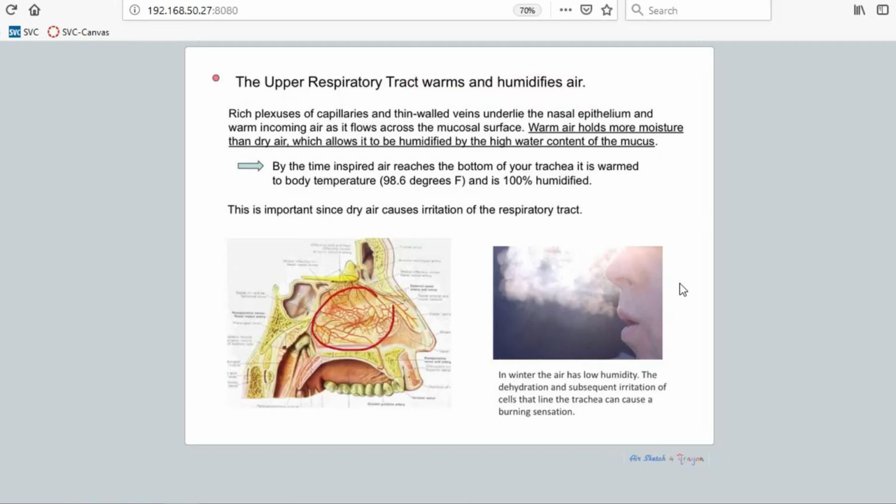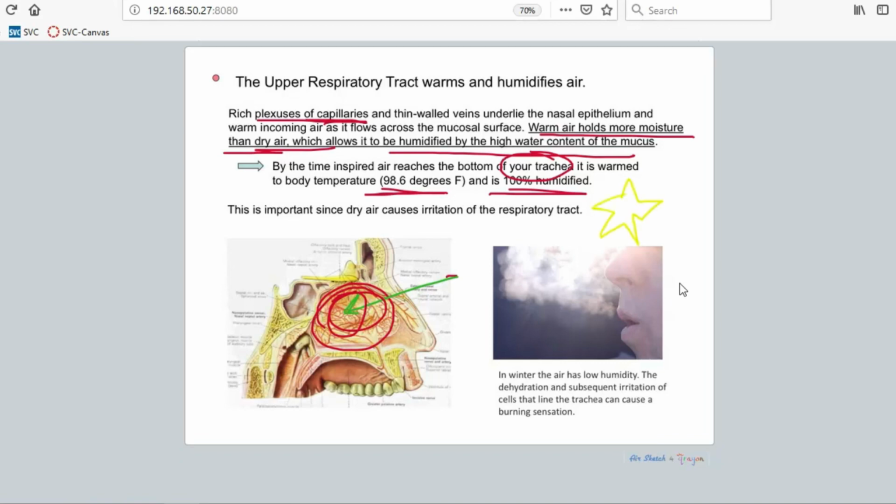Well, right underneath the nasal epithelium, you have a whole bunch of capillaries and thin-walled veins. And what happens is that air rushes across that, and it takes warmth from those capillaries. And so the capillaries are warming the air. And like I said, warm air holds more moisture than dry air, so it allows it to be humidified. And by the time the air reaches the bottom of the trachea, it's warm to body temperature and it's 100% humidified, which is right where we want it.